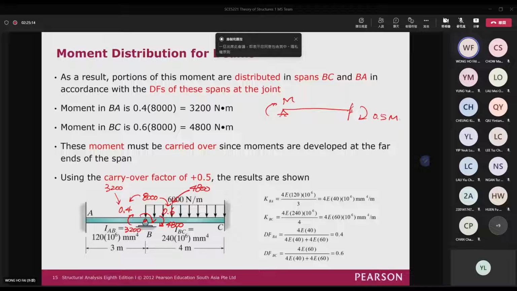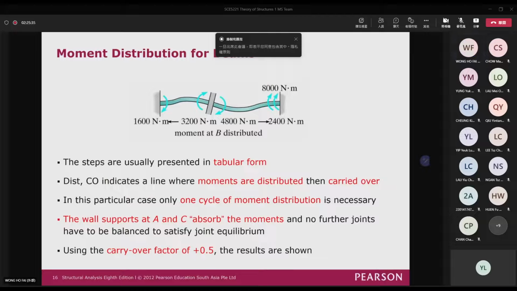We call that the carryover moment. So if you have 4,800 here, then I will carry over 2,400 to the other side. And I have 3,200 on this side, and then I will carry over 1,600 on the other side. This is called the carryover moment.